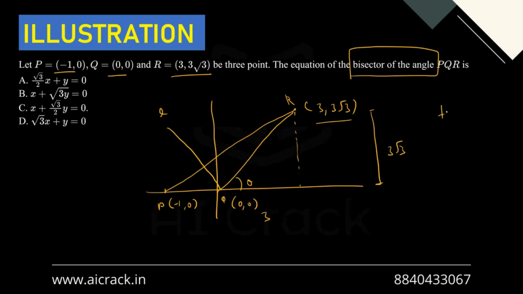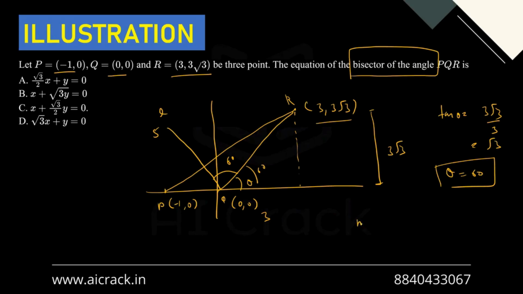So if I try to find tan theta, that would be 3 root 3 divided by 3, that would be root 3. So basically theta would be 60 degrees. Now theta is 60, so this angle PQR would be 120. And if this is the angle bisector, let's say this is SQR, that would be 60, and this would again be 60. So this entire angle is 120.